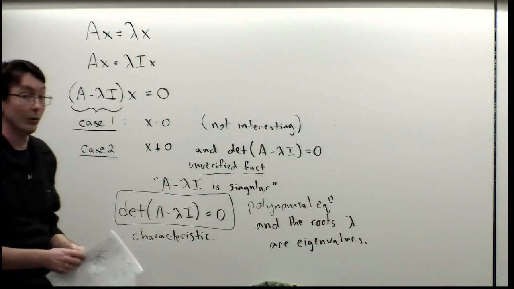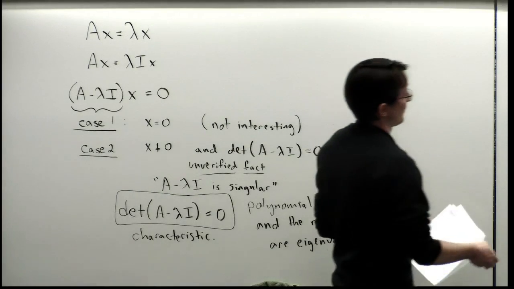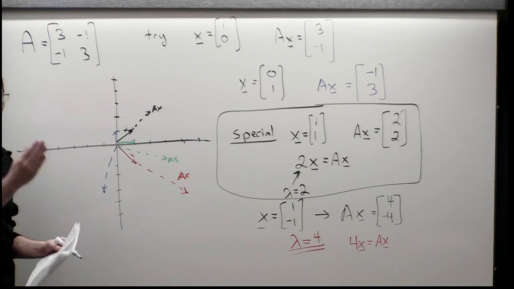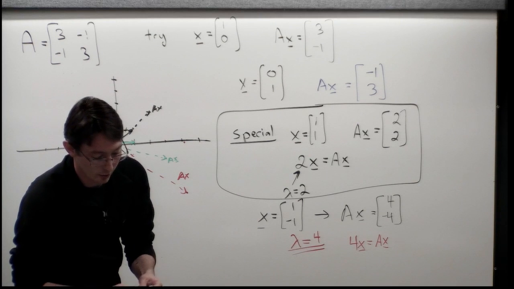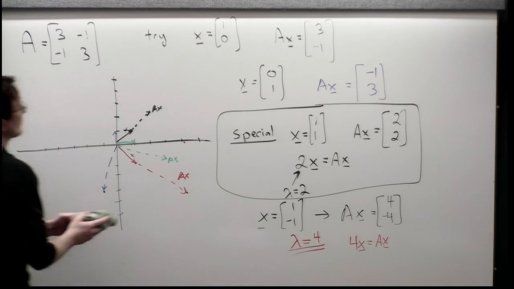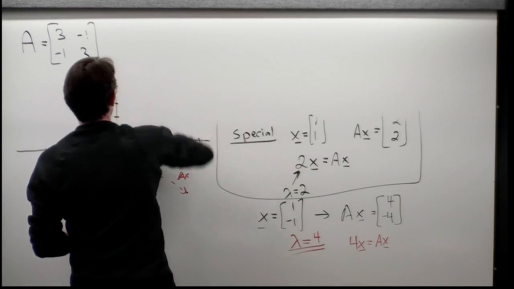Okay? So we're just going to work this out on the example from before. In our example from before, we have A equals [3, -1; -1, 3]. Okay, and we're going to compute the eigenvalues of this thing using the formula that we just derived.